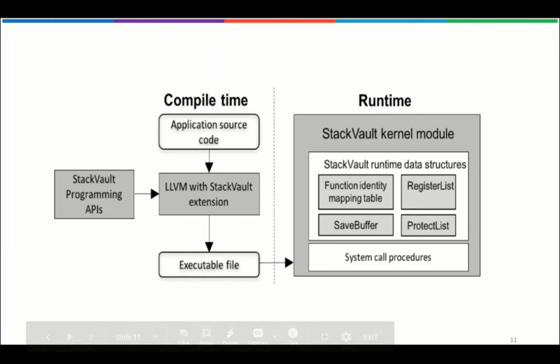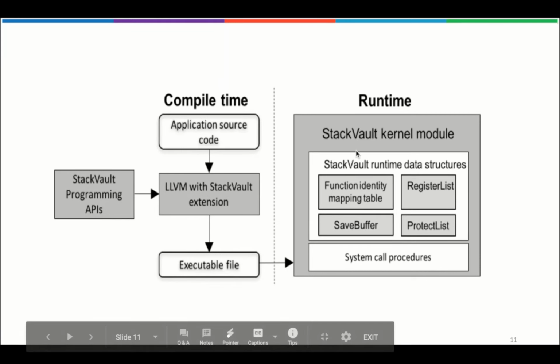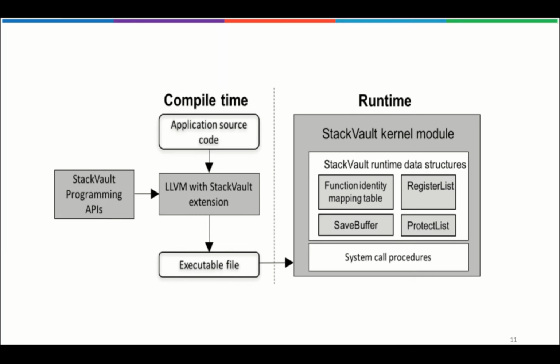Now, the StackVault runtime determines when an untrusted function is invoked after a trusted or sensitive function, and the StackVault programming APIs allow you to determine what is sensitive or untrusted.